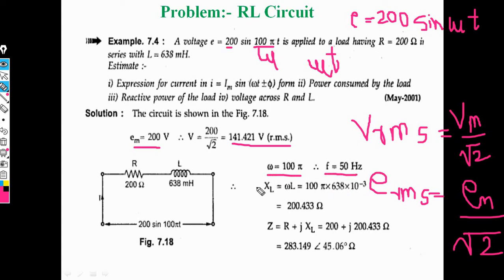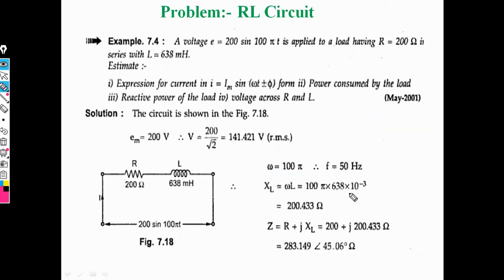Here the formula of XL is omega L. Put omega here, and 638 millihenry will be converted into Henry. 638 is given in millihenry.